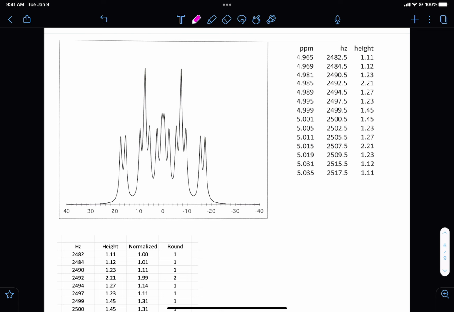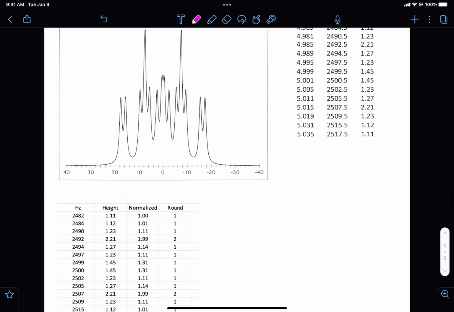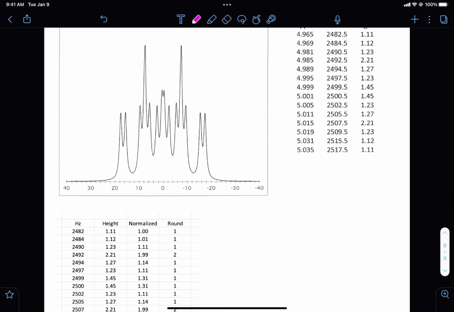Now, in this case, all of the hertz are at 0.5, and I just ignore that. It'll resolve itself. So that's what I did down here: I took 2482.5 and just made it 2482, and 2484.5 I just made 2484.